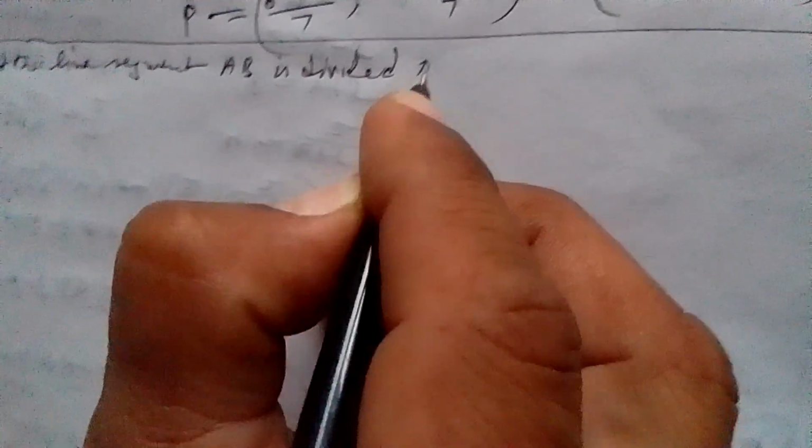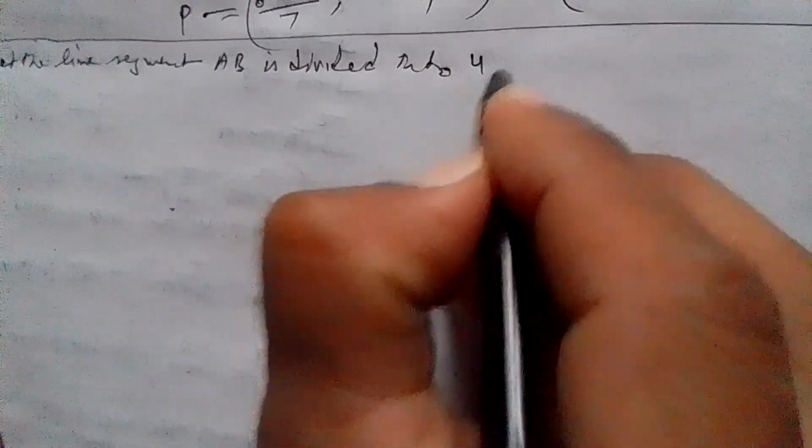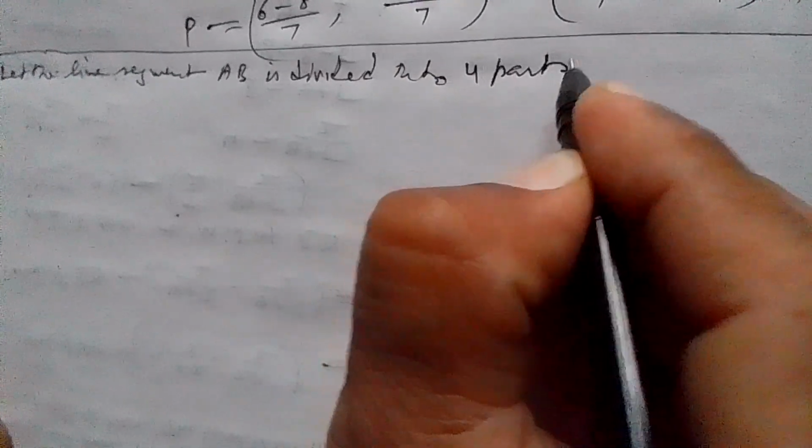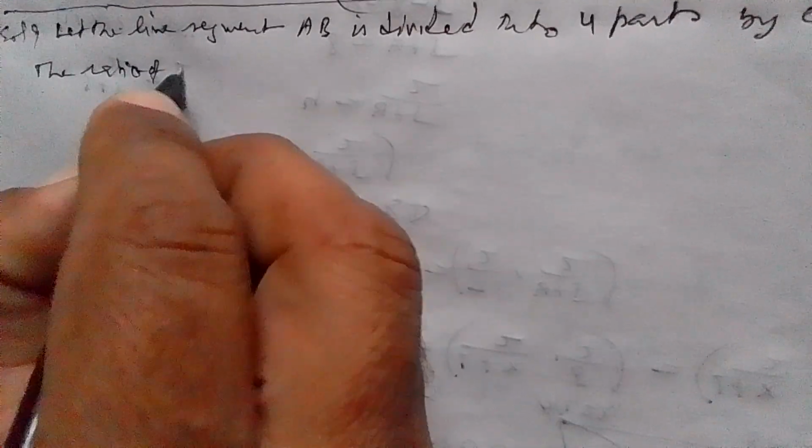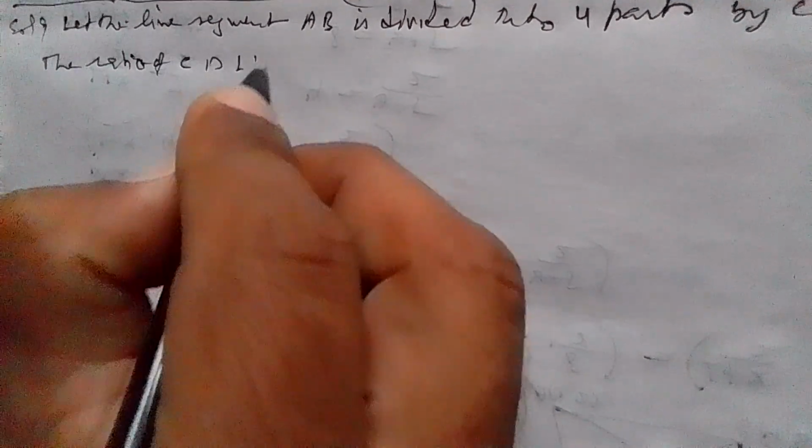Question 9th is, let the line segment AB be divided into 4 parts by C, D, E. The ratio at C is 1:3.